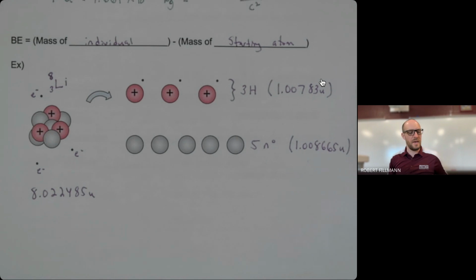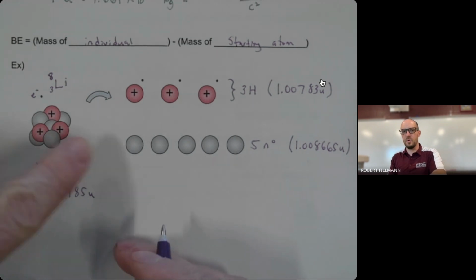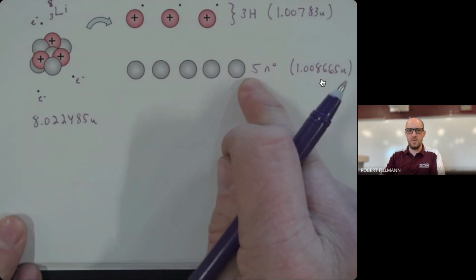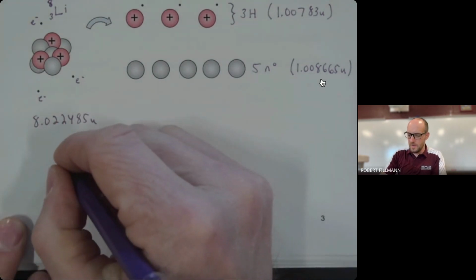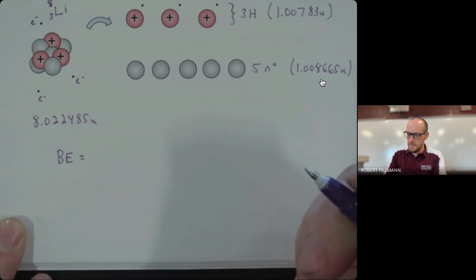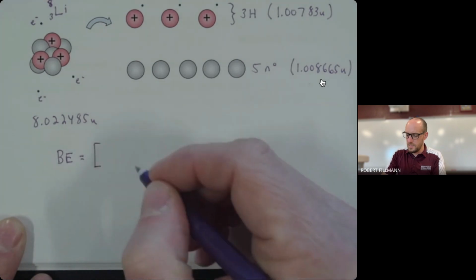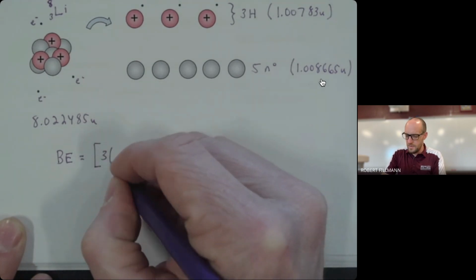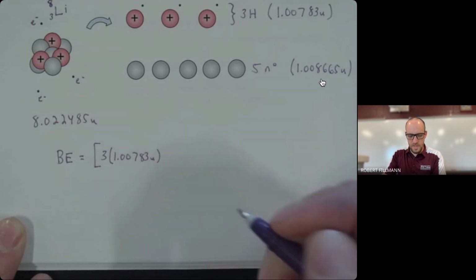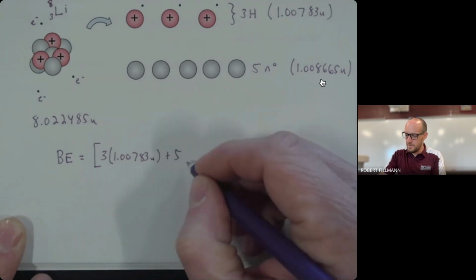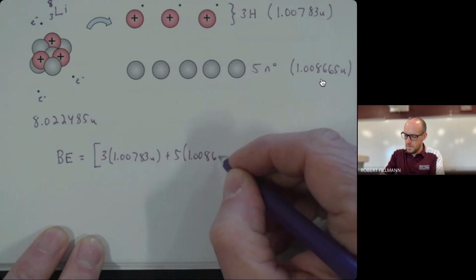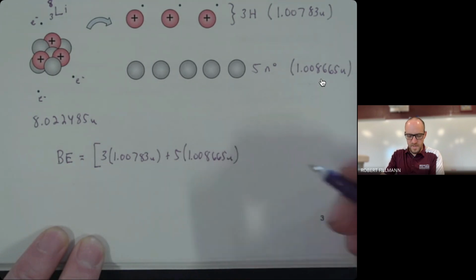So if I want to calculate the binding energy, how much work had to be done to pull this thing apart, I need to take the mass that I end with and subtract the mass that I started with. So let's do that here. So the binding energy, my final mass, is I've got 3 hydrogen atoms, so 3 times the mass of 1 hydrogen atom, plus 5 neutrons, and that's the mass that I end with.